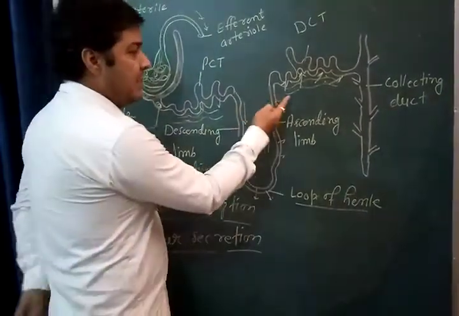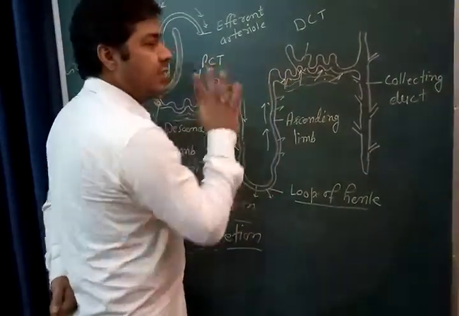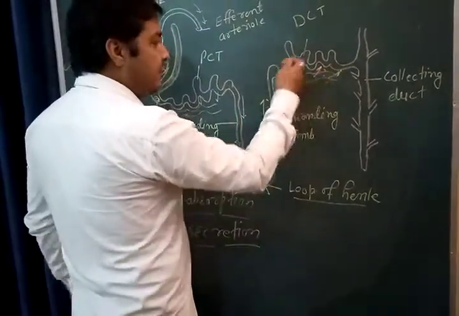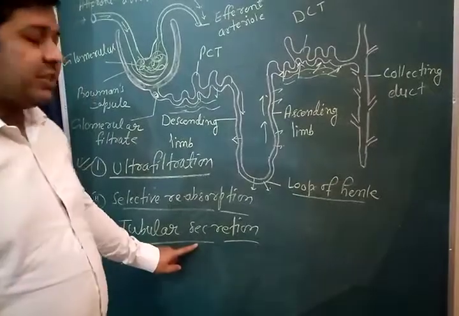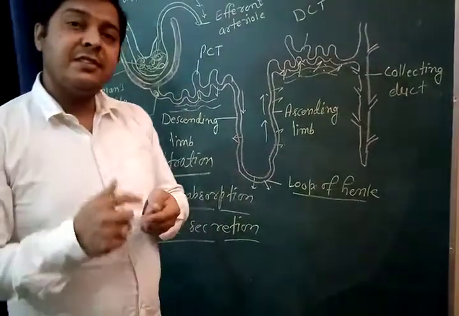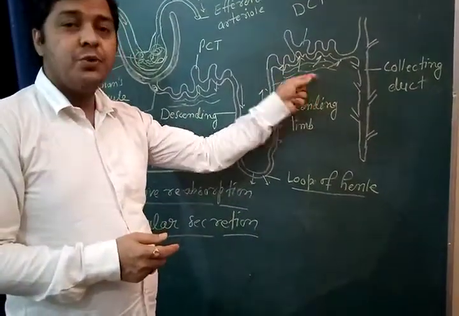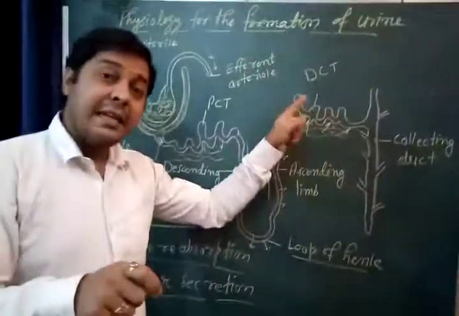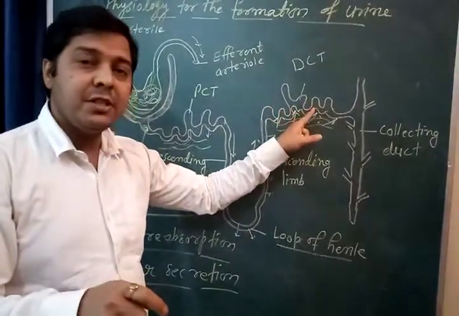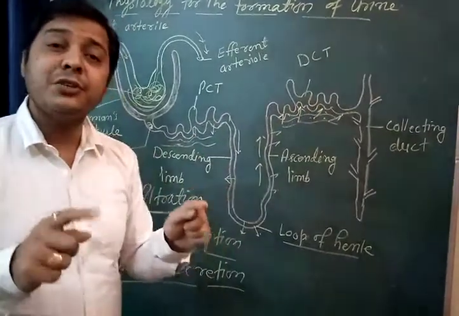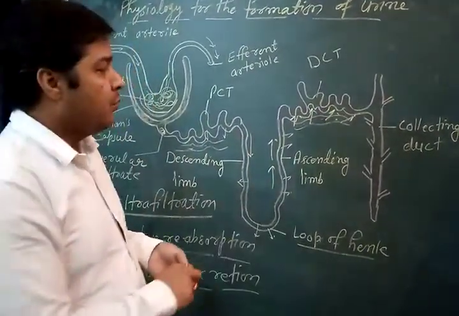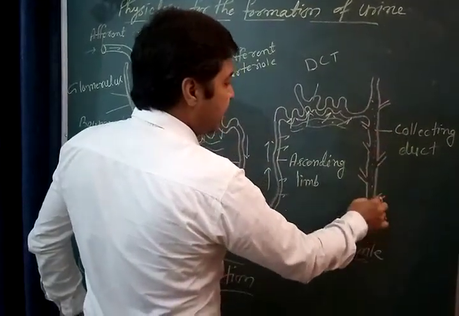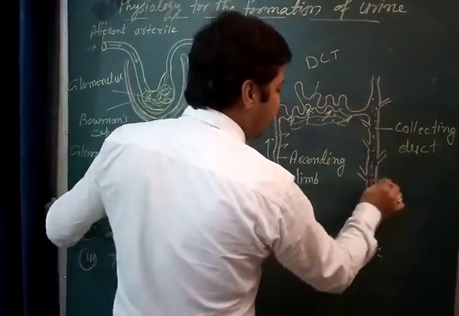Some materials are secreted from the blood to the DCT, distal convoluted tubule, and finally this process is called tubular secretion. So substances are secreted from one tube to another tube. From the tube, meaning the tube of capillaries, to another tube, meaning the tube of the DCT, and there is a secretion of water also. So whatever liquid material is collecting, what is this?